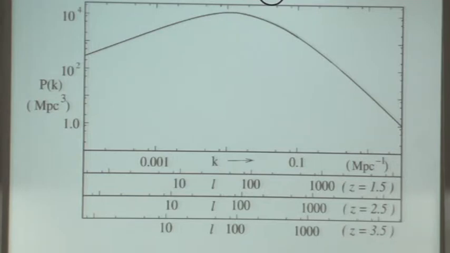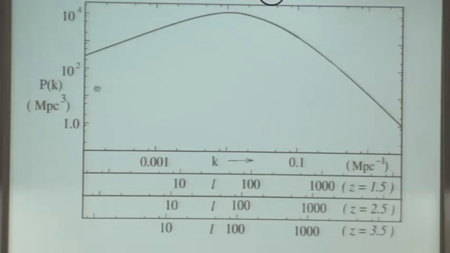Every observation has a range of k values that it probes. That's true for radio observations, galaxies, anything, CMBR, whatever. You will have a k min and a k max for an observation. And 21 centimeter observations are here for all ground-based telescopes with reasonable frequency.